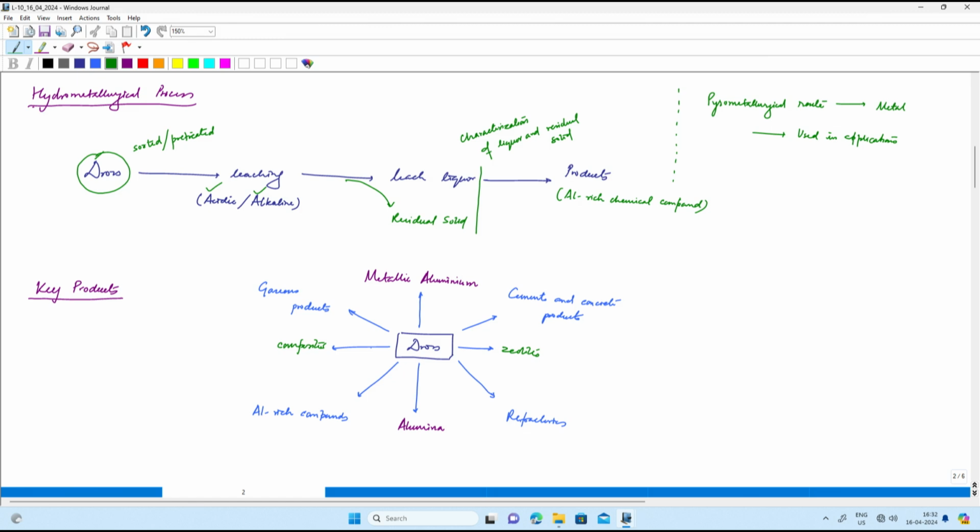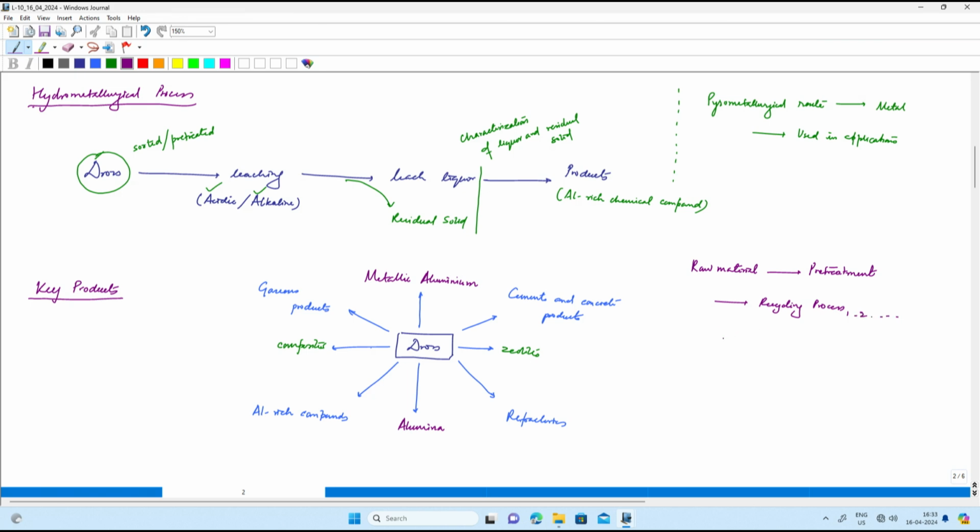So, we have seen various processes that are utilizing aluminium dross as raw feed. We've already seen that normally when we devise a recycling process, we must have raw material. We do the pre-treatment. Then we follow the recycling strategy, recycling process 1 and 2 and so on.